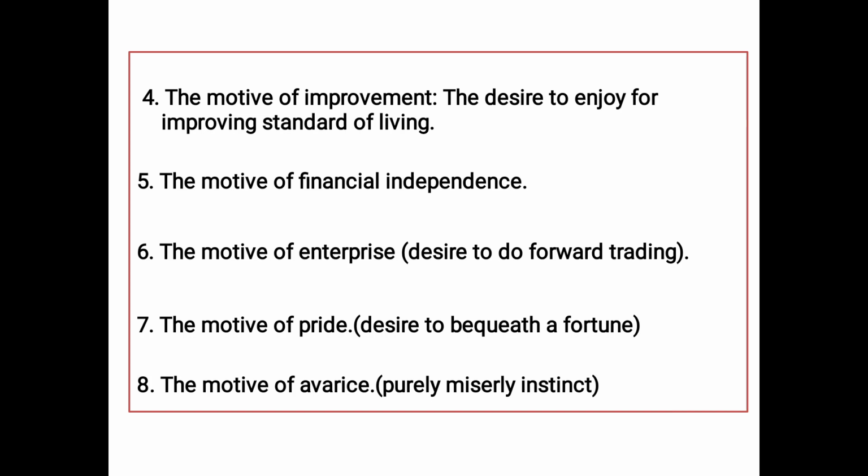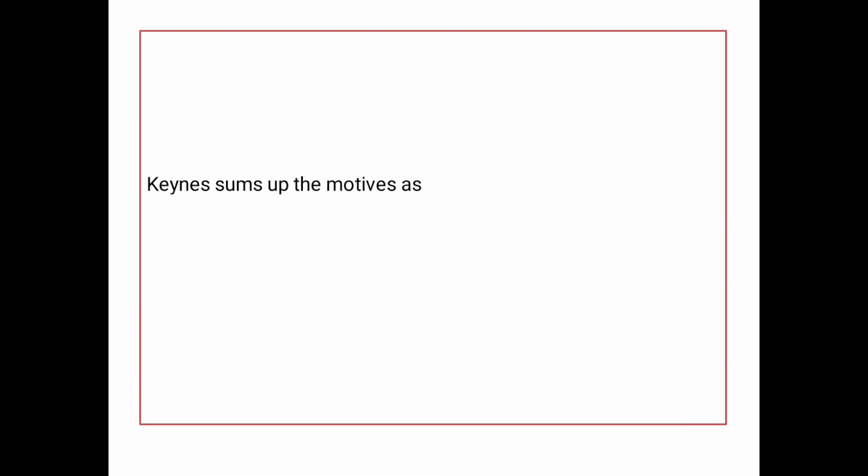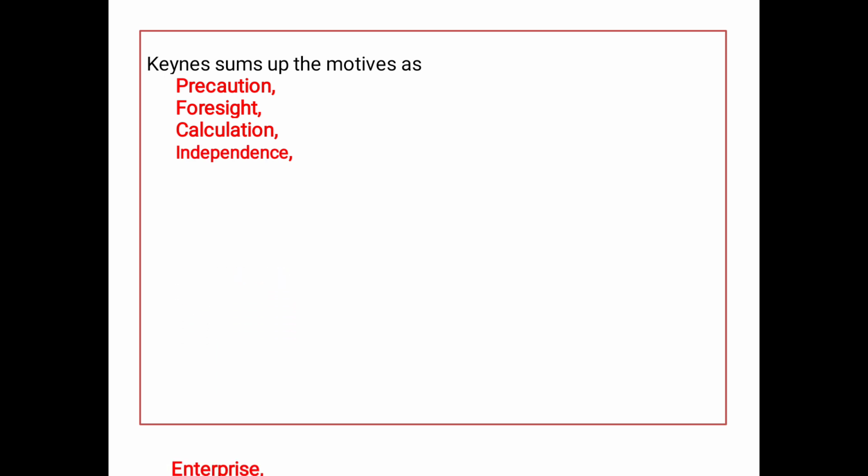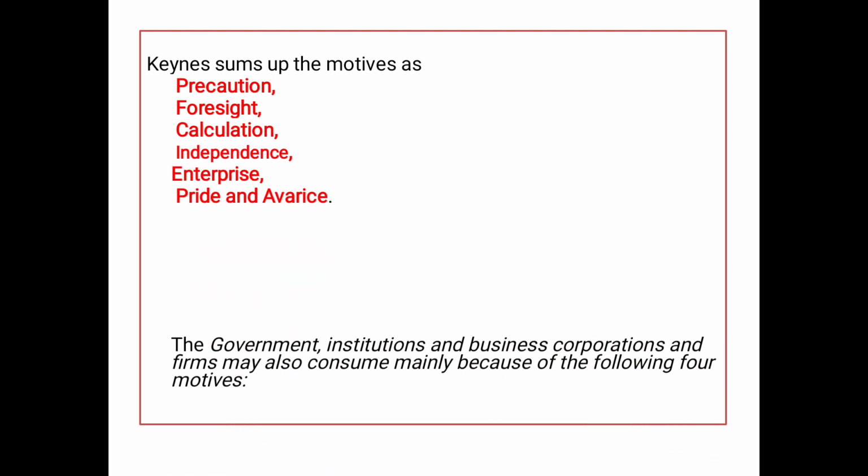And the last one is the motive of avarice, purely miserliness. Keynes sums up the motives as precaution, foresight, calculation, improvement, independence, enterprise, pride and avarice.